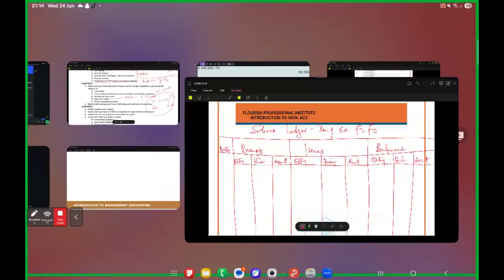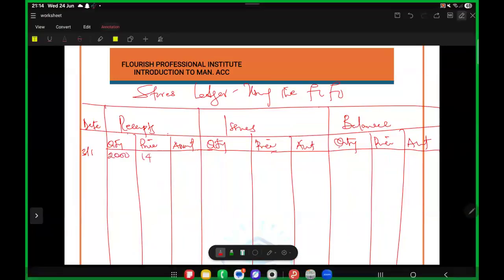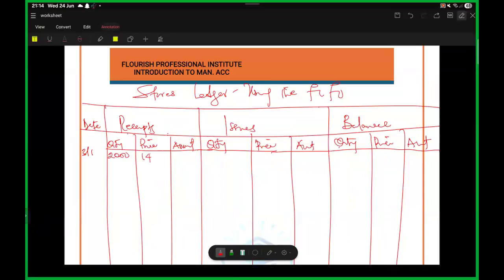When we multiply the 2,000 by 14, what do we get? 28,000. Okay, so I can write my balance here: 2,000 at 14, giving 28,000.